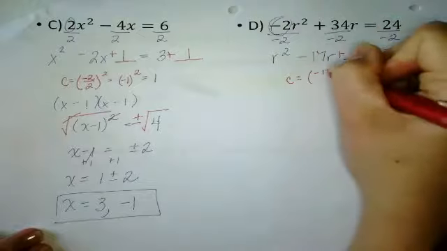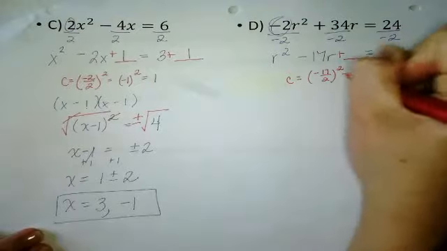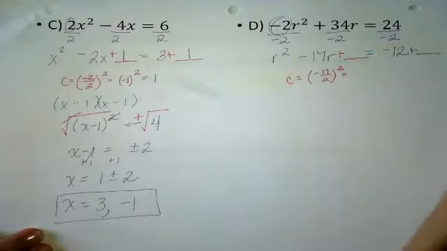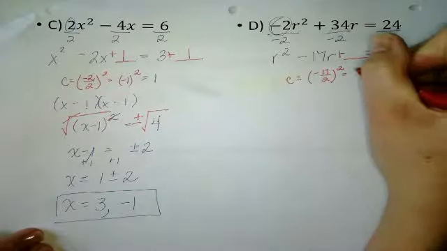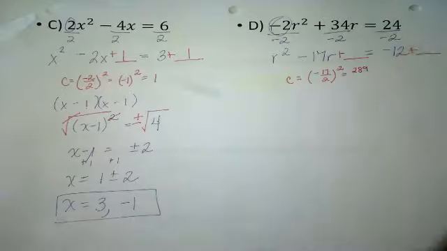C is negative 17 divided by 2 quantity squared. I don't know what that is. But I do know that 17 squared is 289, I believe. 17 times 17, I think, is 289. I can never quite remember if it's 189 or 289.